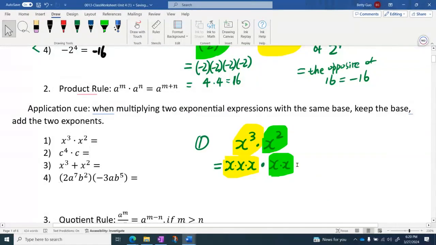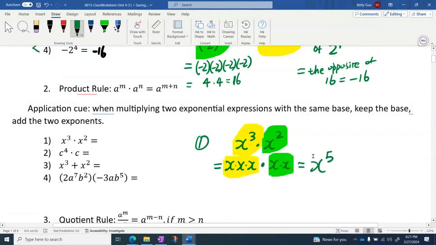That itself is a repeated multiplication, right? In this repeated multiplication, x is used 5 times. Then we can write this repeated multiplication as an exponential expression, x to the power 5. And that is simplified.